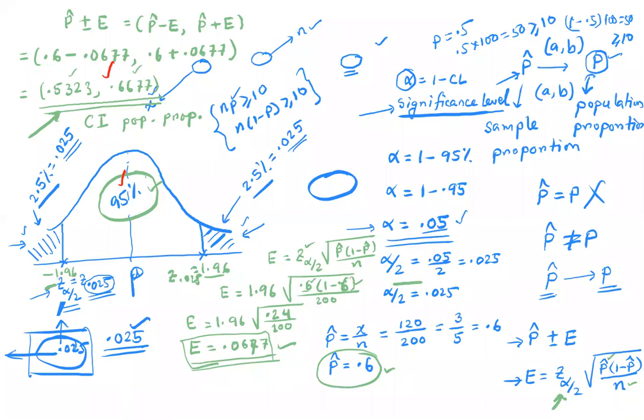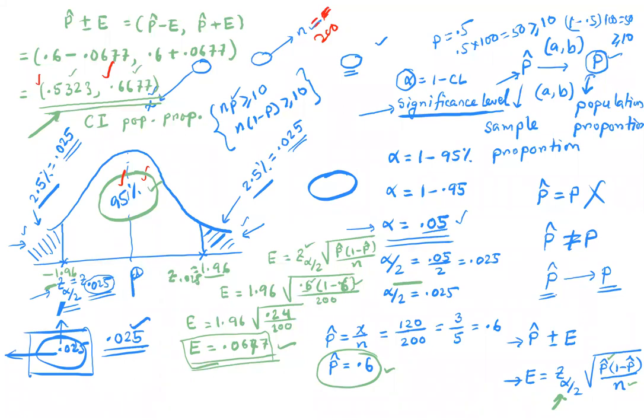The proper way of saying this is: if you created many samples of size 200, because our n was 200, and you created the corresponding confidence intervals, about 95% of those intervals are going to include the population proportion and 5% will not.